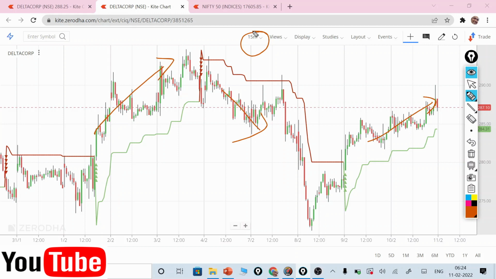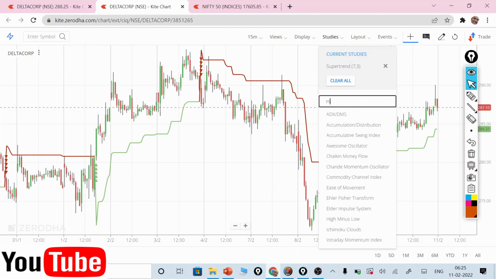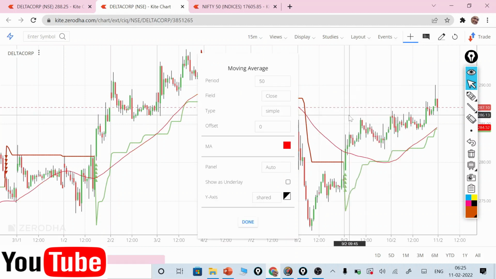So now here, green indicates buy and it should be below the candles. At this point immediately do not buy. Get the confirmation. So how to get the confirmation? Again I will put moving average here.